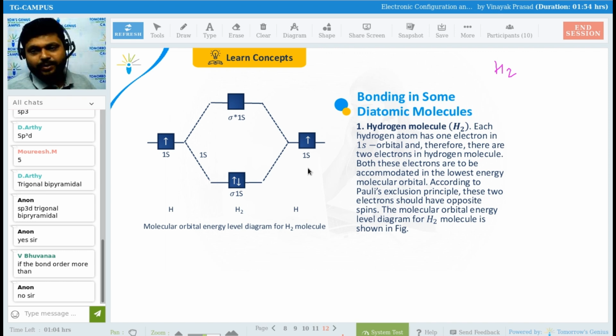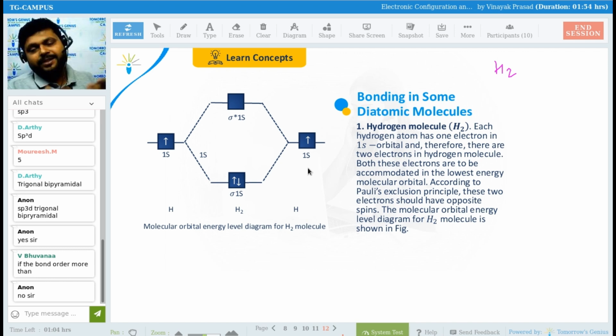See, if I'm saying H2 is a diatomic molecule, why is it a diatomic molecule? Because there is one electron in each H, and two H atoms can combine to form a duplet. But helium, neon or argon have already completed their octet, so they will not exist as diatomic molecules. Ne2, He2 or Ar2 you will not see anywhere.